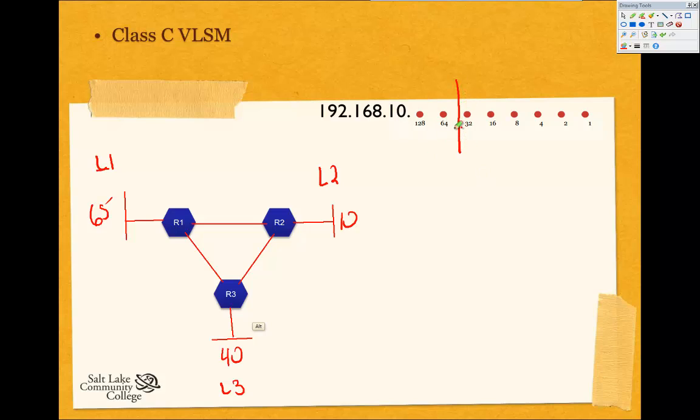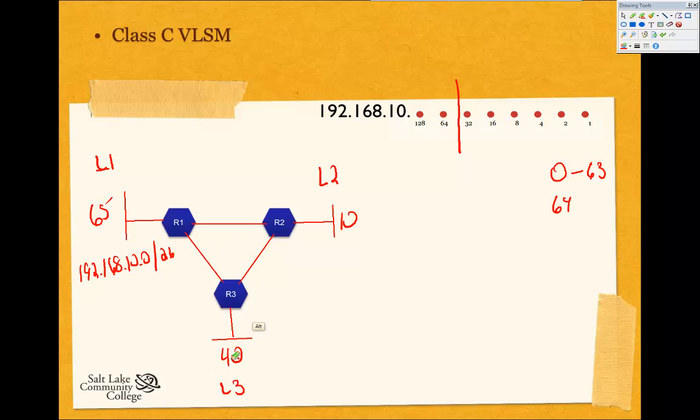My networks are going to go in increments of 64, starting with 0. So I'll start with 0, 0, 64. That's good enough for that one. 0 to 63 will work. I'll take that number and plug it in right over here. 192.168.10.0/26.